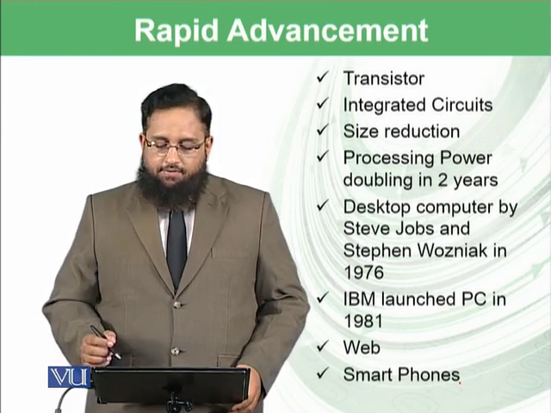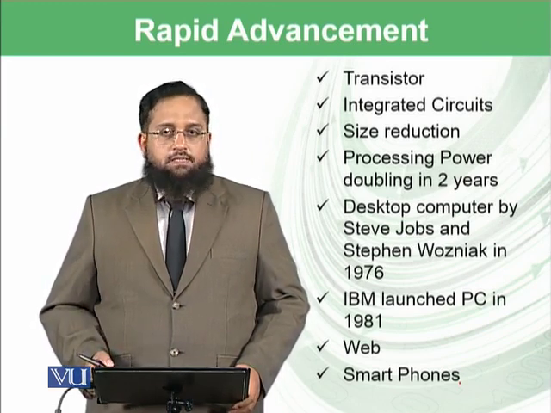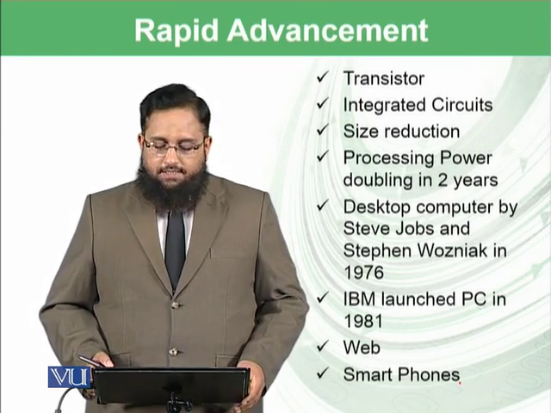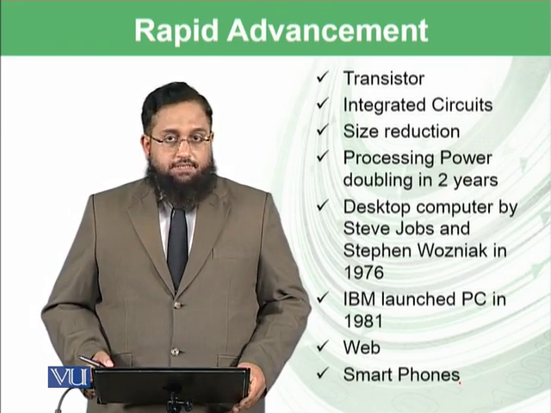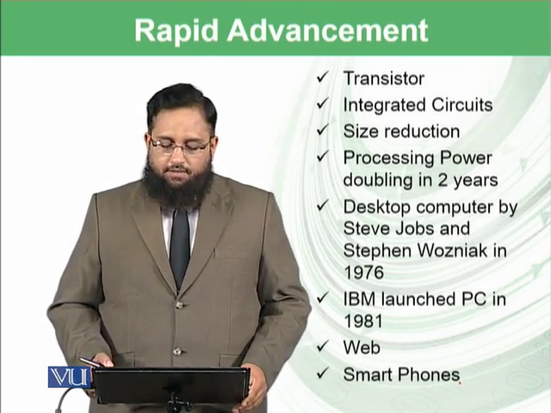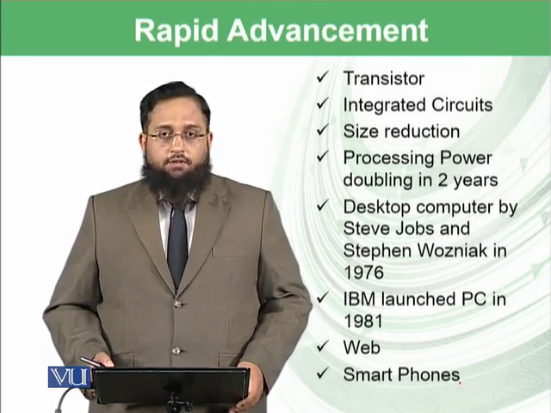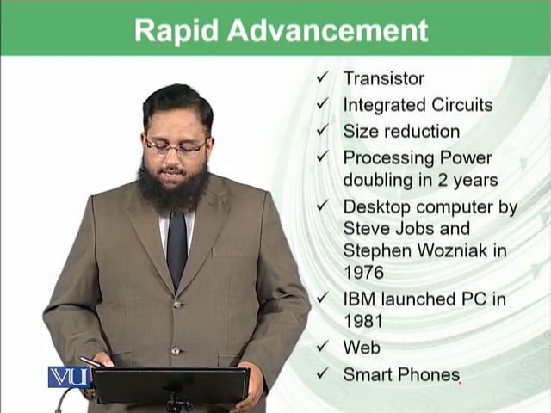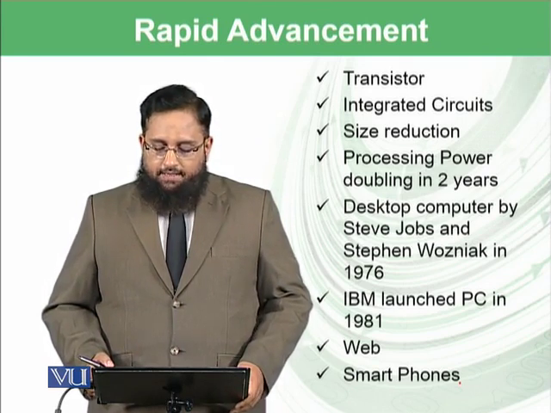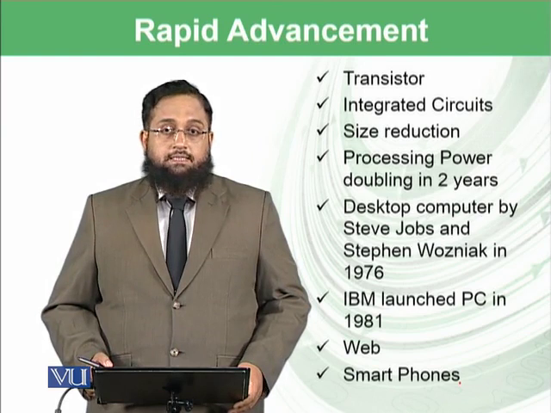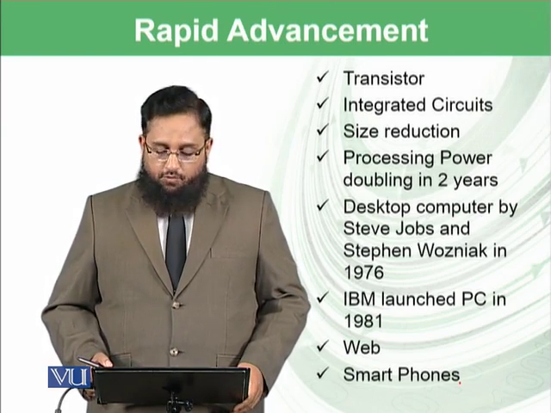Then there was another technology known as the integrated circuit, which further reduced the size of the computer by replacing transistors. Another physicist got a Nobel Prize for making integrated circuits. They reduced the size and enhanced the power. And it is said that the processing power has been doubling every 2 years since then, even up to today.